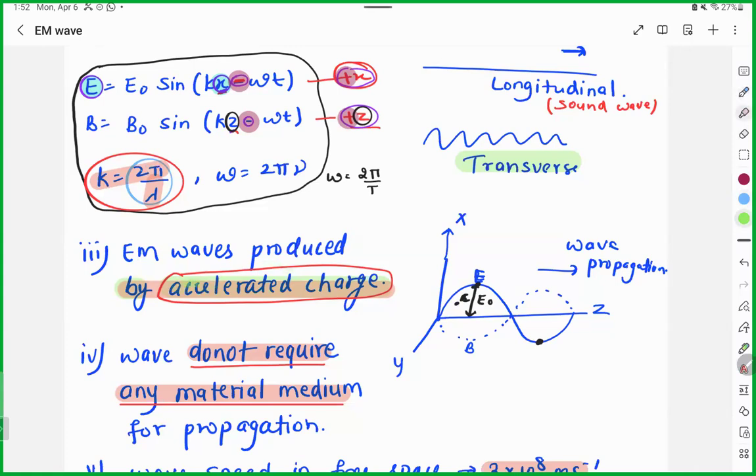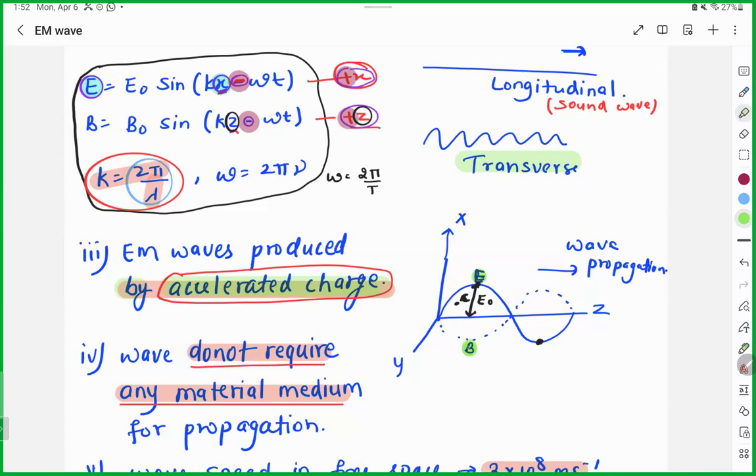That's why it is encircled. An EM wave is always produced by an accelerated charge. A static charge or a charge moving with constant velocity cannot produce this. See, for example, electric field in the y-axis, magnetic field in the z-axis.